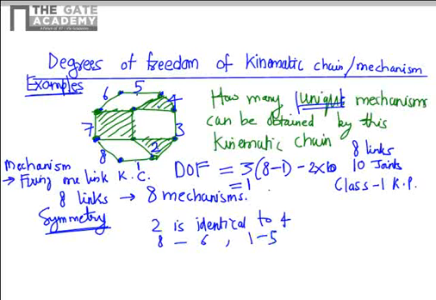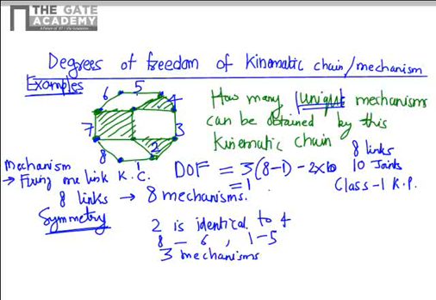So if you fix 2 or if you fix 4, you are going to get essentially the same mechanism. Similarly, if you fix 8 or 6, you are going to get the same mechanism. So by fixing any of these links, 1, 5, 2, 4, 8, 6, you can get a maximum of 3 mechanisms.